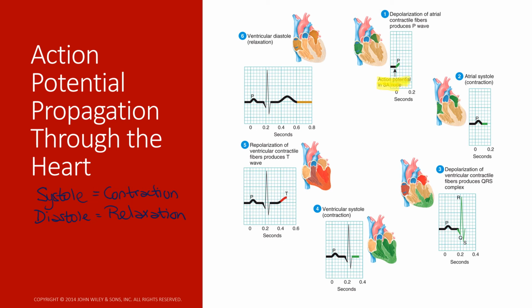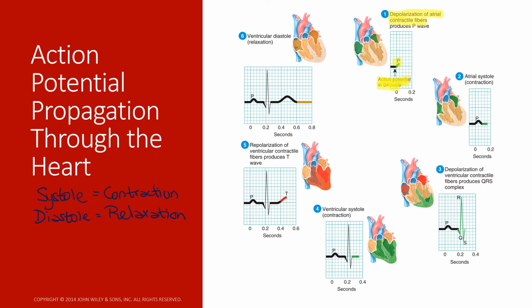So this is where we just have the action potential coming here, and it propagates throughout the atrial muscle and down to the AV node. And as the atrial contractile fibers depolarize, we have the P wave form in the ECG or EKG. So this is just the action potential, the depolarization of those contractile fibers in the atria.